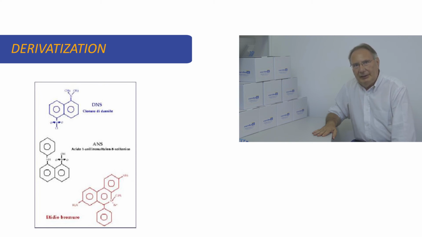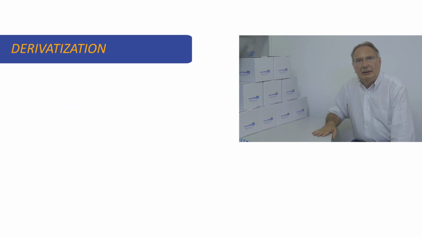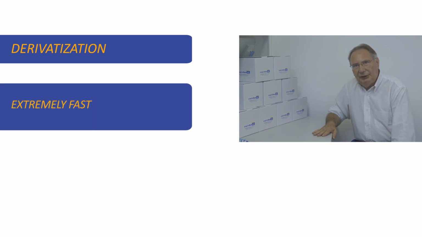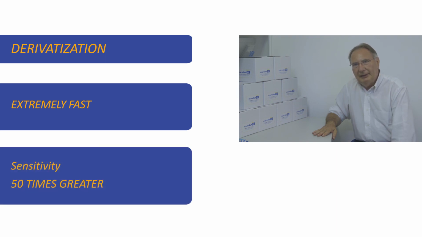The derivatization reagents are highly selective and greatly amplify the sensitivity of the analysis. If you're thinking that this process of derivatization is a waste of time, don't worry. I'll show you how it is extremely fast and will enable you to achieve a sensitivity 50 times greater than analysis performed in amperometry, as in the case of catecholamines.